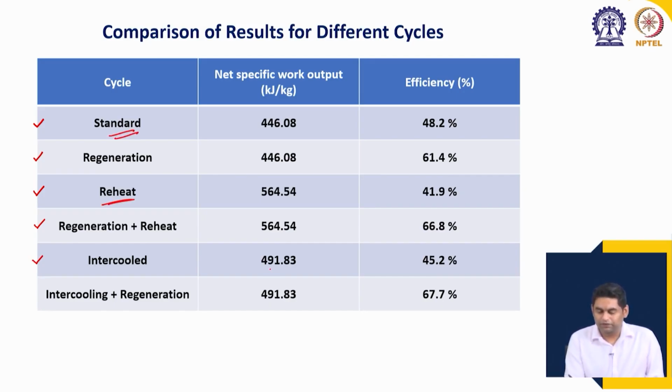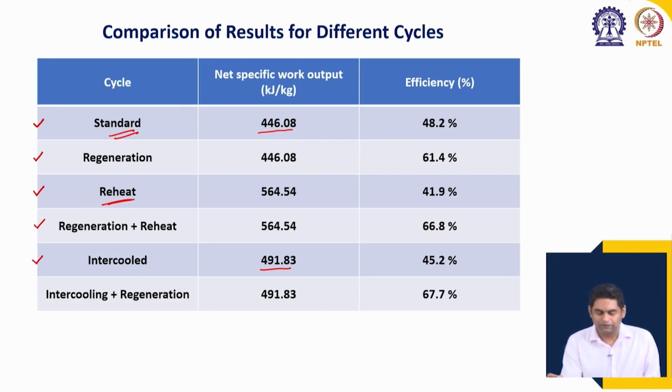So, we obtained a value of 491.83, which means that we get a considerably higher value than the standard cycle, but still we do not have as much penalty, as we will see later, compared to the reheat cycle in the efficiency.